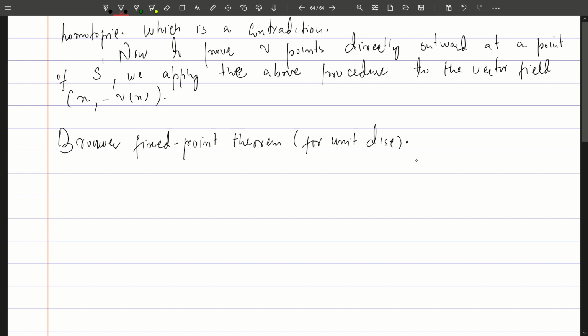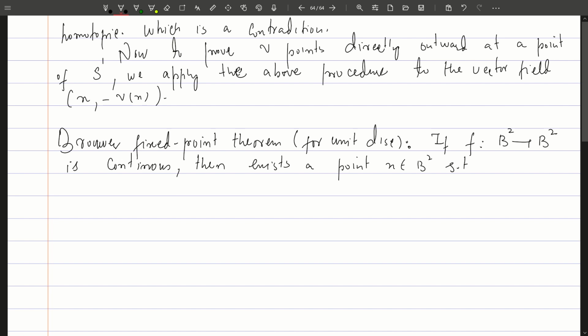What it states is that if f is a continuous map from the unit disk to the unit disk, then there exists a point x in B2 which remains fixed under this map, such that f of x is equal to x.